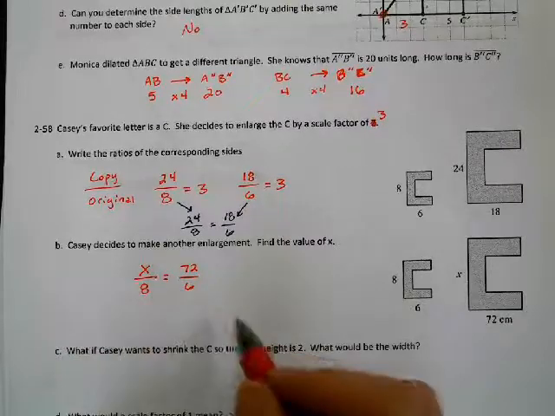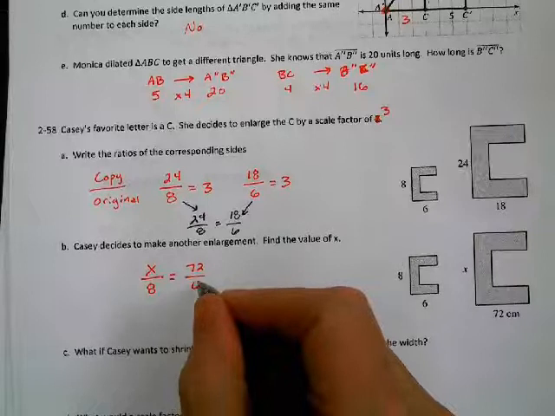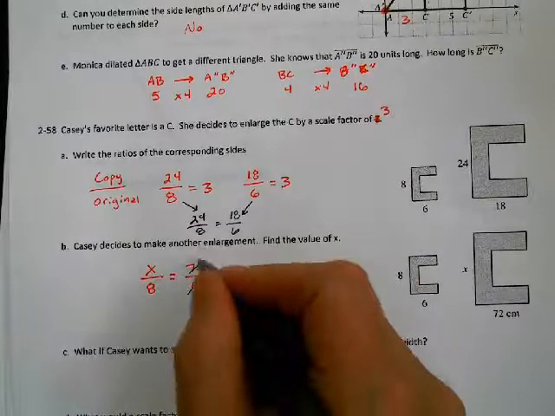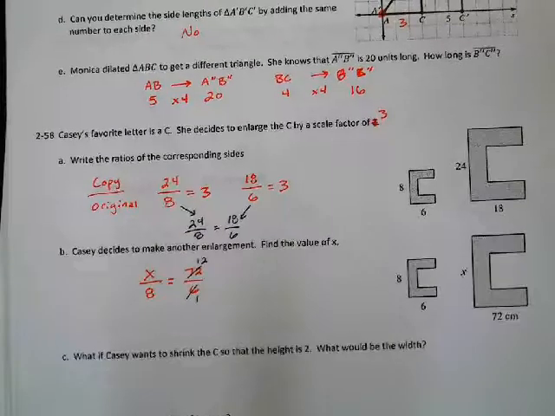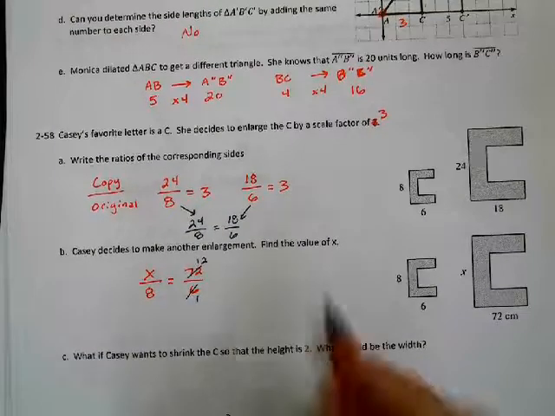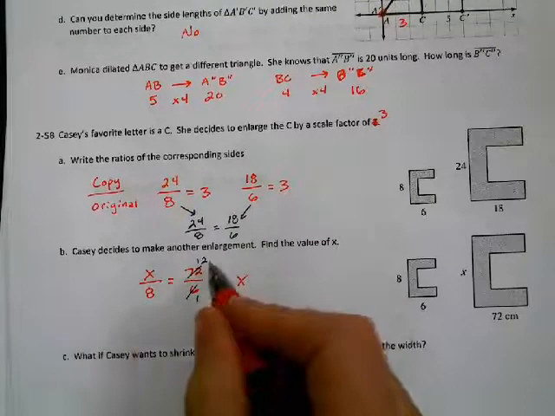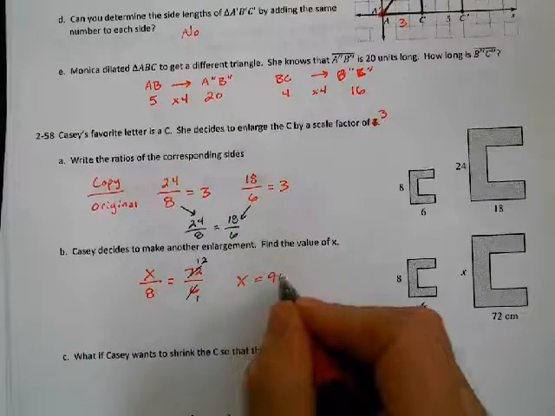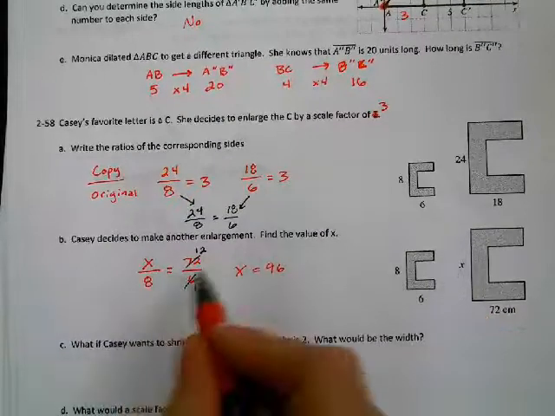Now before you do cross products, you might want to reduce because this one reduces to 12 over 1. So if I do cross products at this point, I would get x times 1 is x, 8 times 12 is 96. So I know that this side must be 96 because these two are proportional to each other.